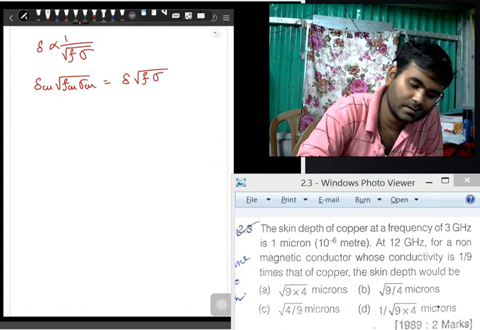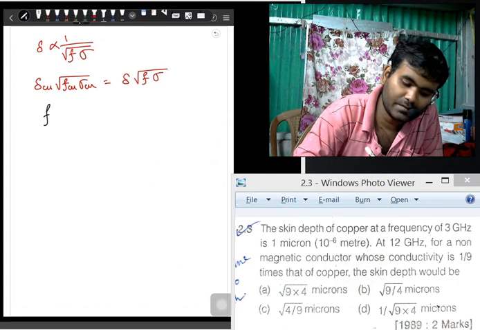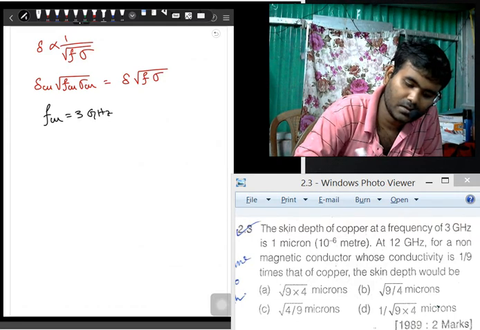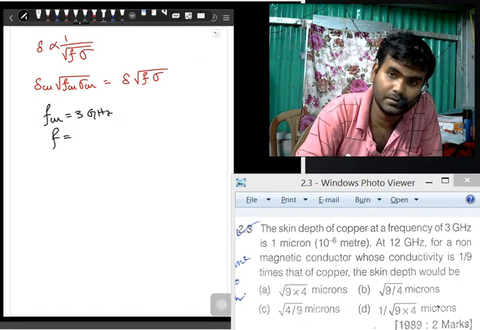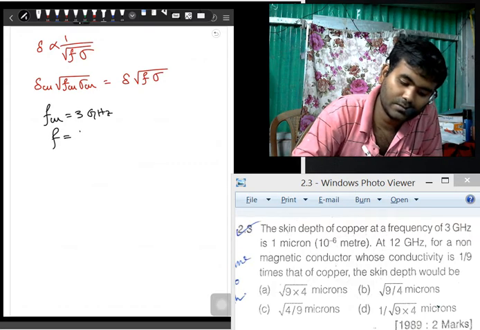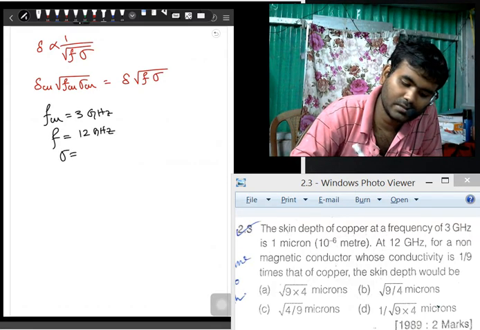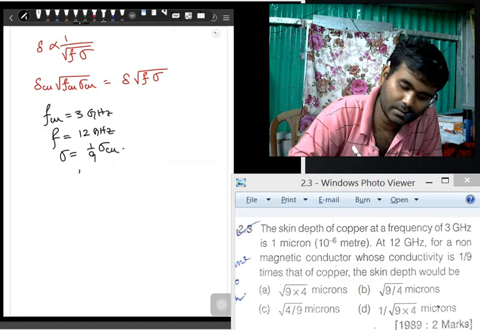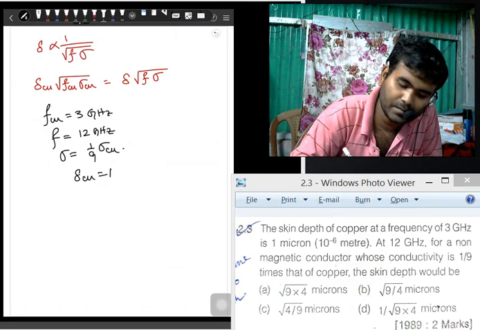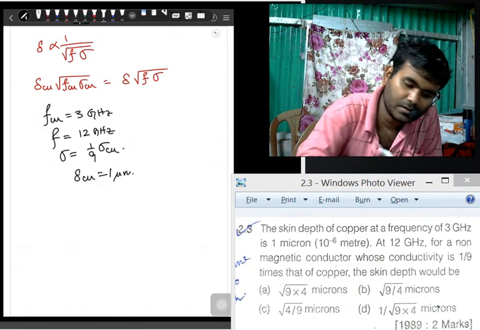Now it is given: f copper is 3 gigahertz, and f of that material, the operating frequency, is 12 gigahertz. Sigma is 1 by 9 times sigma copper, so you can replace. Another, delta copper is 1 micrometer.